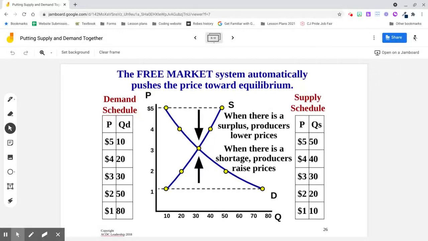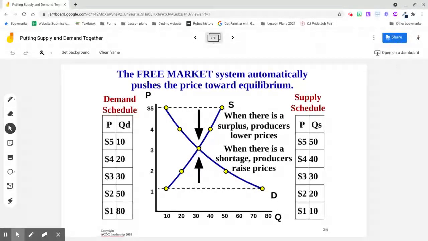So, for instance, if Apple produces iPhones, and they produce a billion of them, a massive amount, they're going to need to figure out a way to sell them. So they have to adjust their prices.